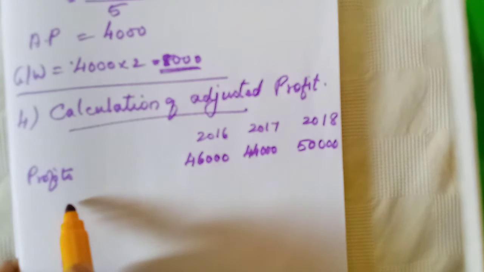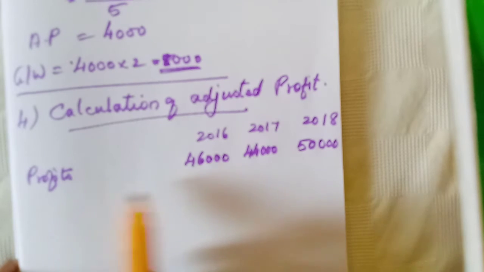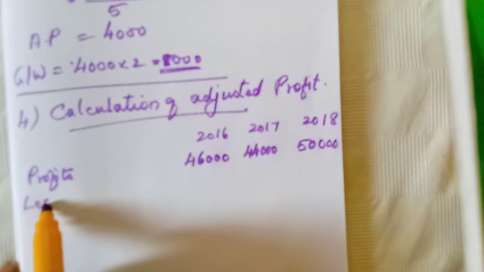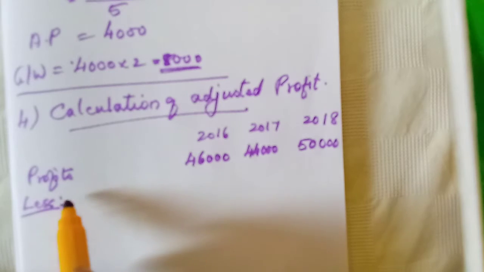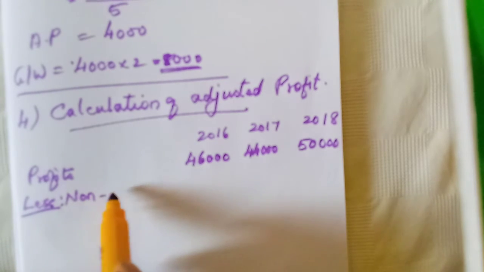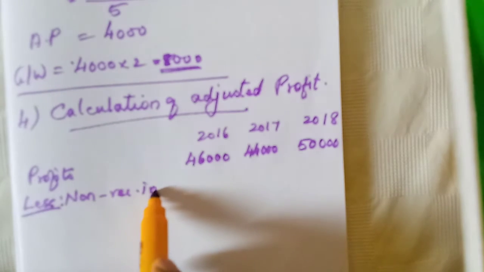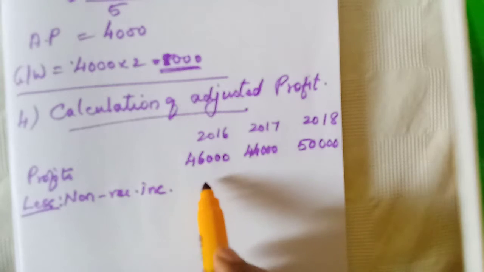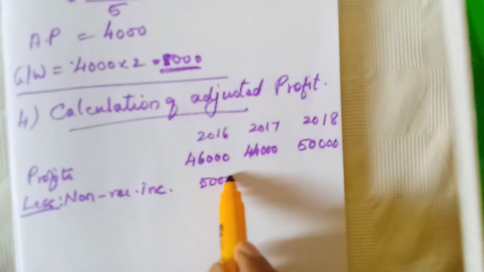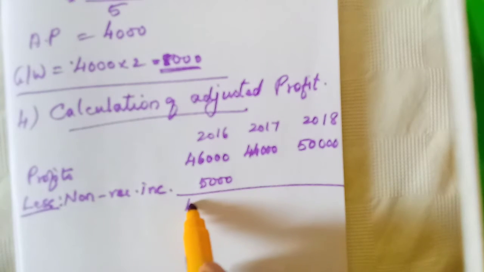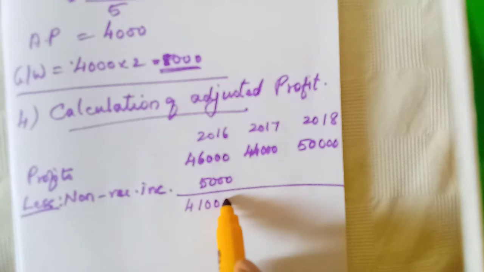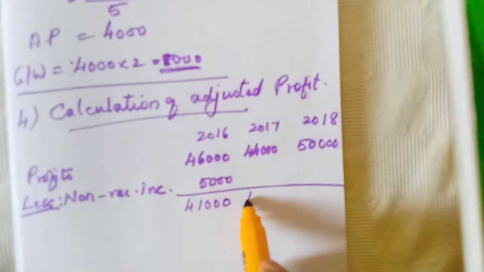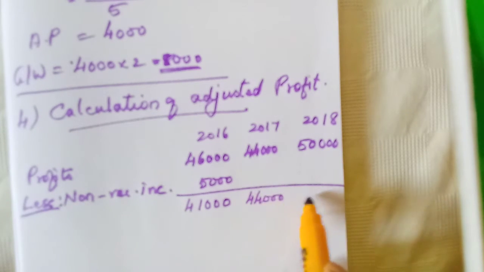This income will not come in future, so we have to deduct it. The non-recurring income is 5,000 in the year 16, so you deduct 5,000, giving 41,000. Then the others you write as they are.